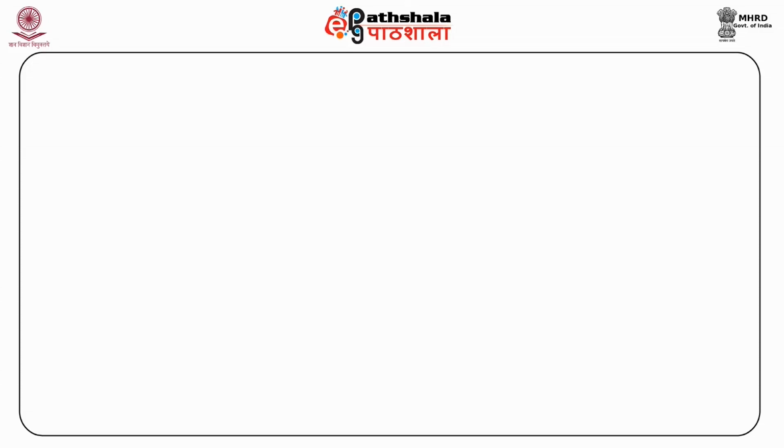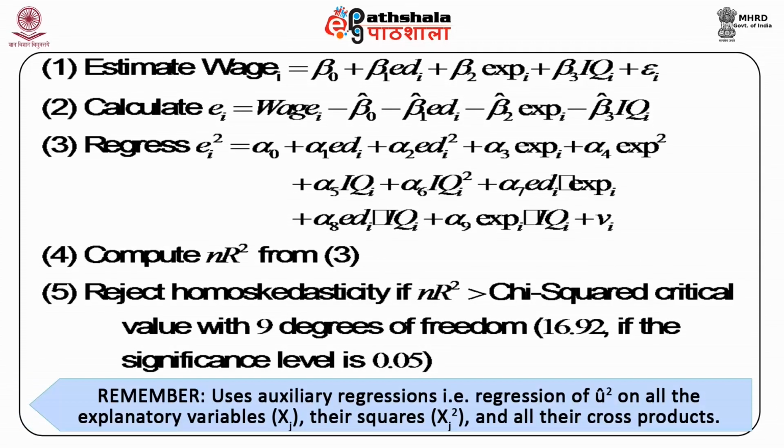Continuing with White's test, consider a hypothetical example on wages, education, that is years of schooling, experience, that is years of job, and IQ level of a large set of workers of an industry.